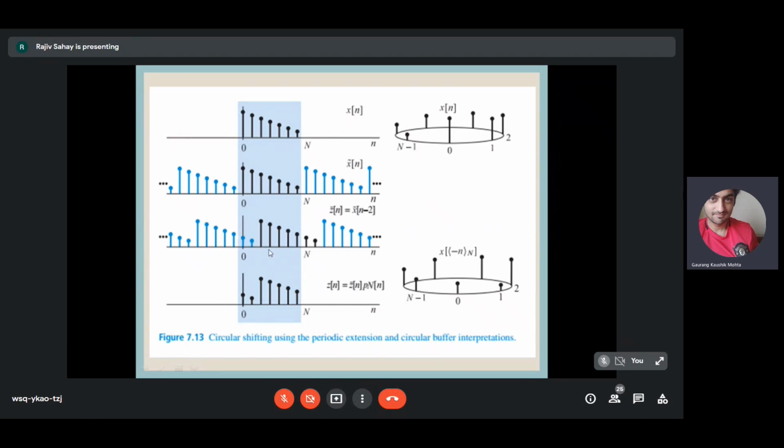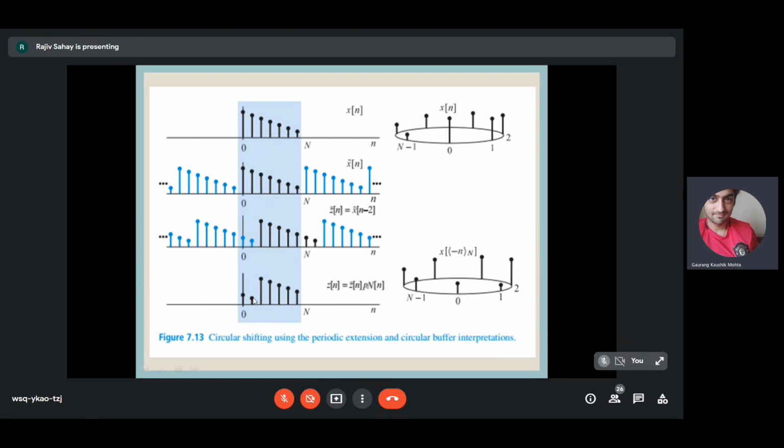Now, to do circular shifting, we have to crop out this region 0 to N minus 1 in the linearly shifted z tilde of n. So I will crop out this part, and this part will turn out to be something like this. If you just look at the last two elements in the first plot, this one is appearing at 0 and this one is appearing at 1.